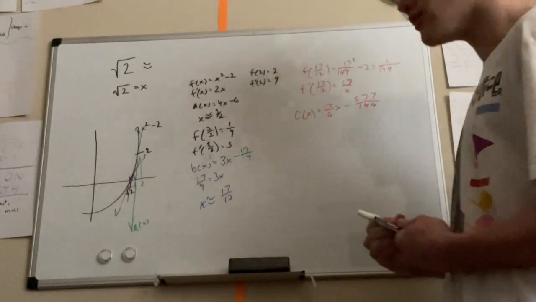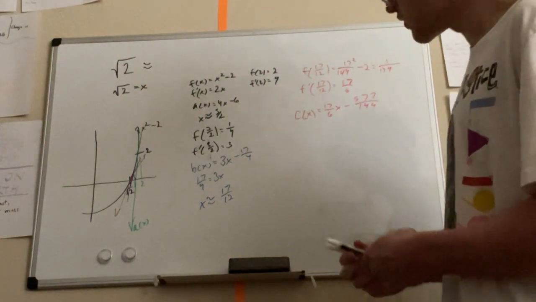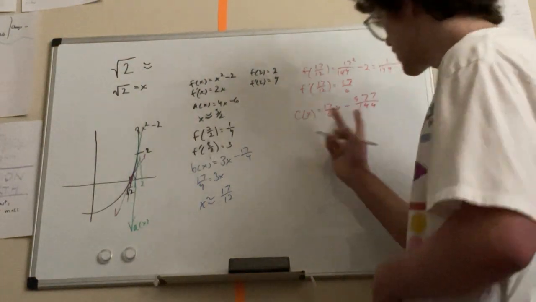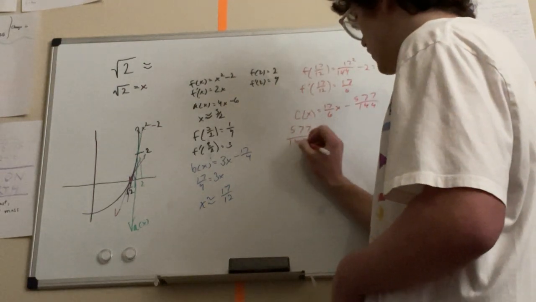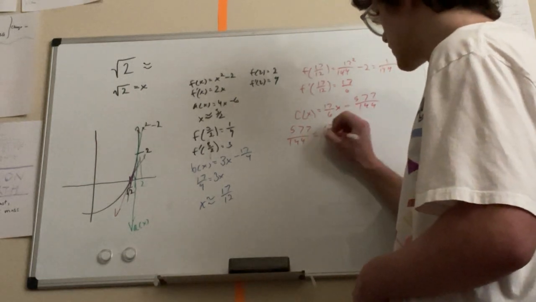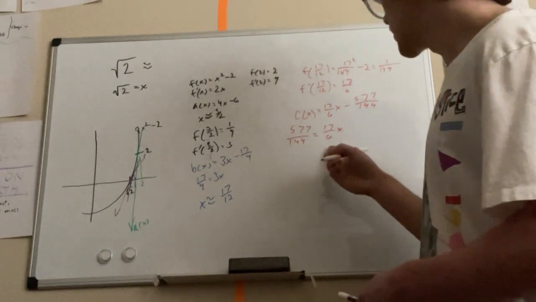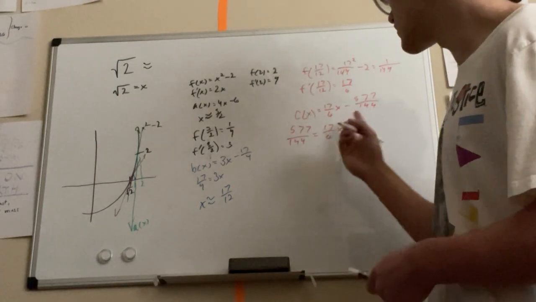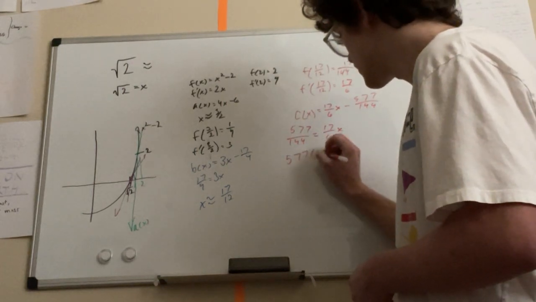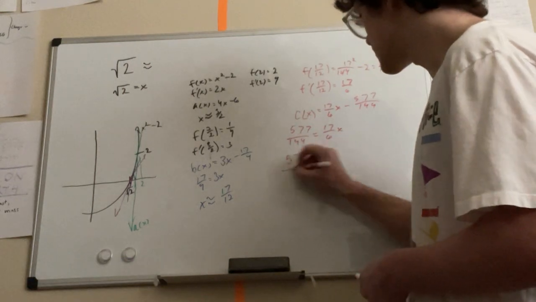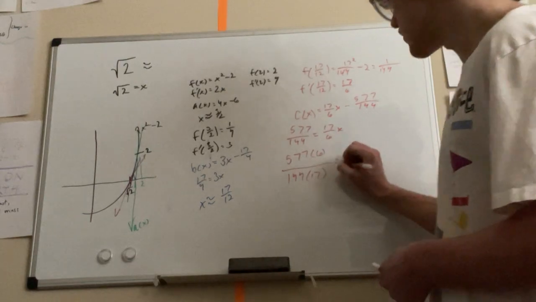Alright. So, what do we do? So we set c of x equal to 0. And then we add this number to both sides. We have 577 over 144 equals 17 over 6x. So then we multiply both sides by 6 and then divide both sides by 17. So then we get 577 times 6 over 144 times 17 equals x.